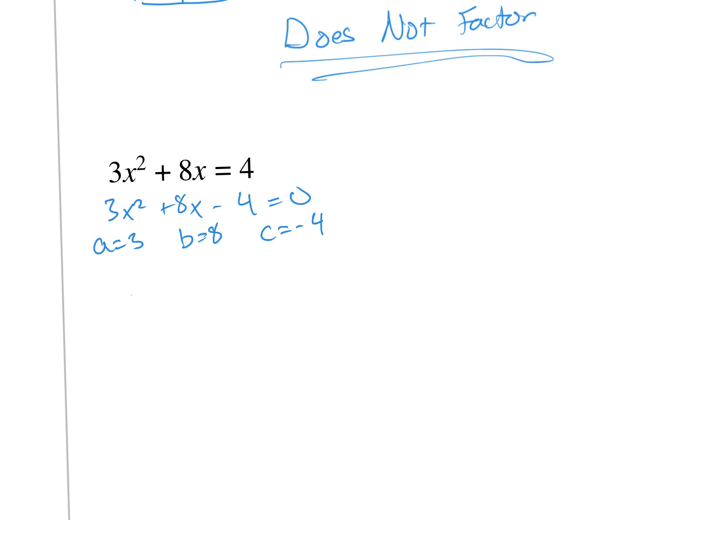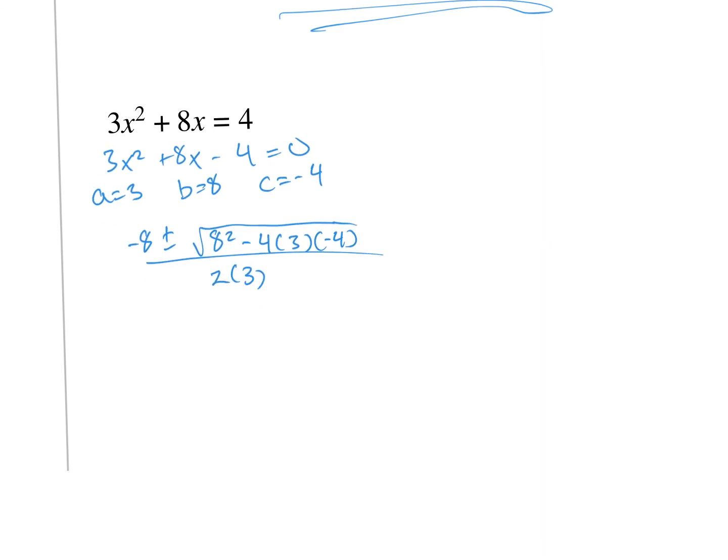Plug that in. So negative 8 plus or minus the square root of 8 squared minus 4 times 3 times negative 4, all over 2 times 3. I'm going to simplify this.